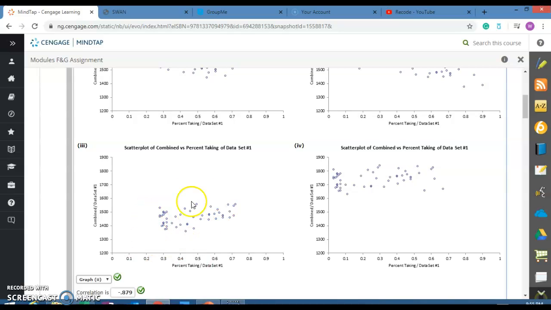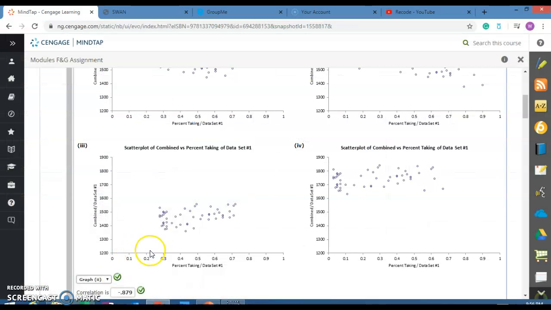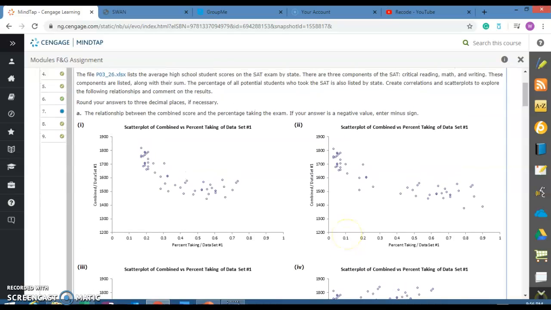We can rule out this one because our percentage starts closer to 0. This starts all the way over at 0.3, which is 30%. This is upward sloping. We can rule that out.